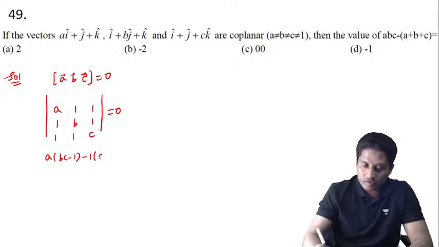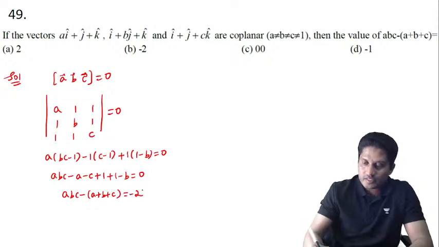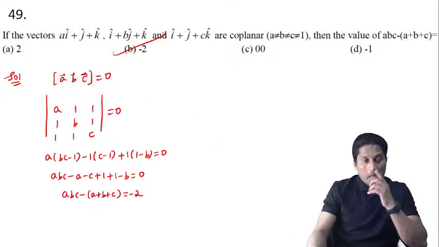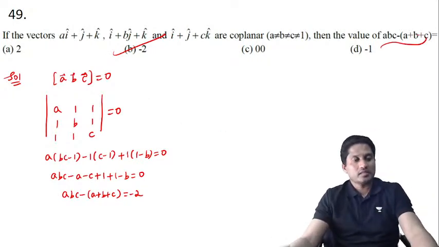Delete first row second column: C minus 1. Delete first row last column: 1 minus B is 0. ABC minus A minus C plus 1 plus 1 minus B is equal to 0. So this becomes ABC. Take minus common, it will be A plus B plus C is equal to minus 2. Answer is option D. So it will be ABC minus 2.